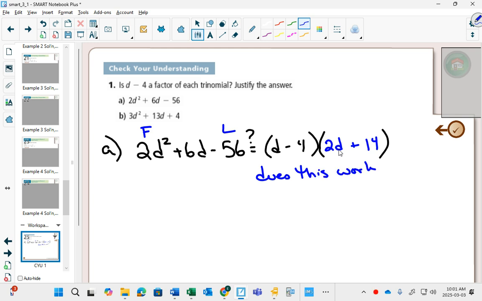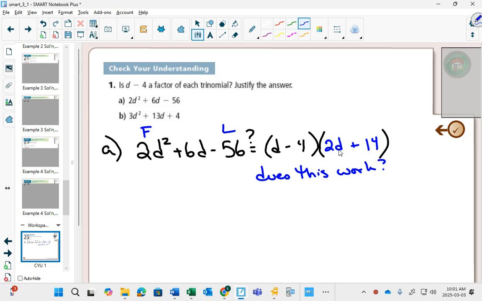Do you agree that what I put in blue, if d minus 4 is a factor, is the only possibility? Because you have to get the 2d squared with your first ones, and minus 56 with your last ones. Do the outside and the inside actually work? That's what we have to find out.